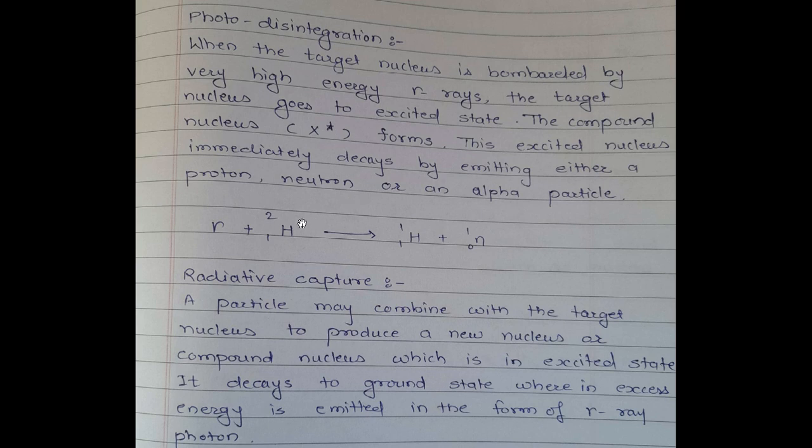So this compound nucleus that has been formed by the addition of these two particles, the target nucleus and the incident particle, is in the excited state, and it immediately decays by emitting either a proton or a neutron or an alpha particle, meaning any lighter particle.